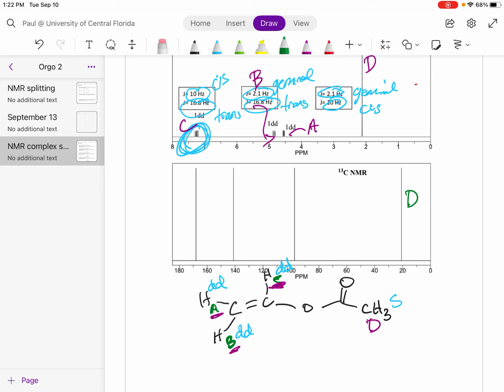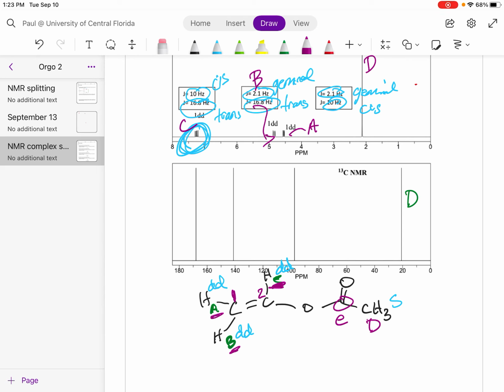Now we have to really evaluate our carbonyls. So let's say this guy right here, let's give it a letter of E. And then let's give these a number of 1 and a number of 2, because we got a lot of letters going on right there.